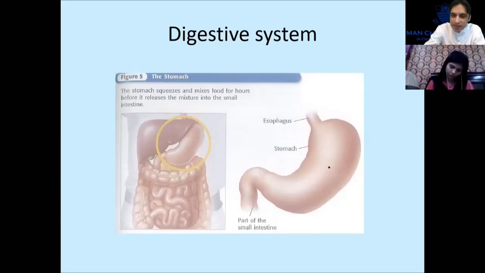As long as the gastric juice is produced, it also produces the protective layer as well.